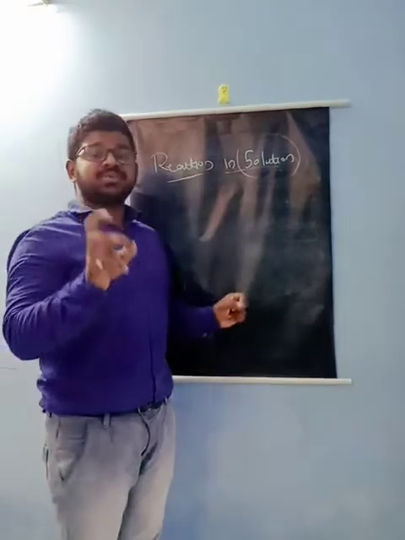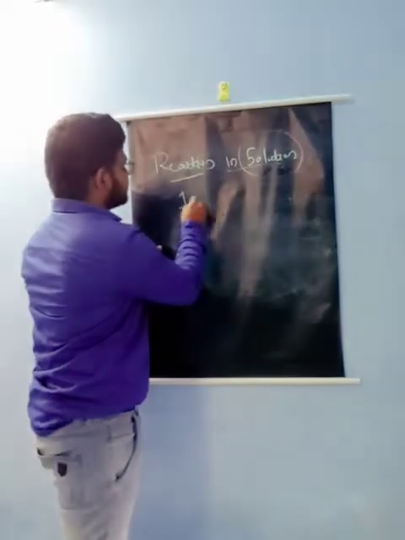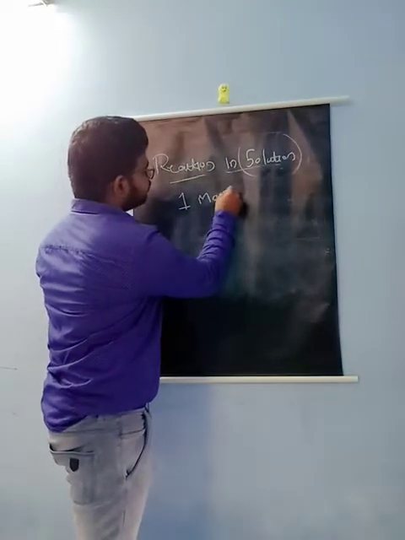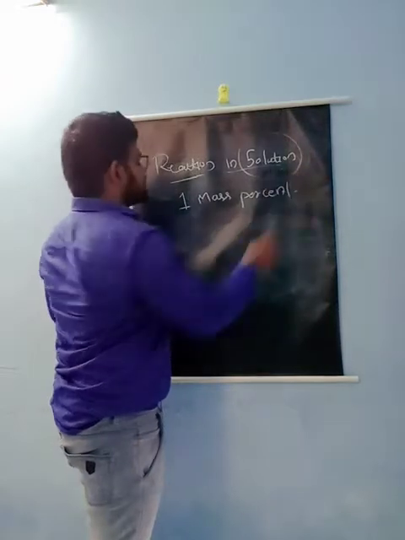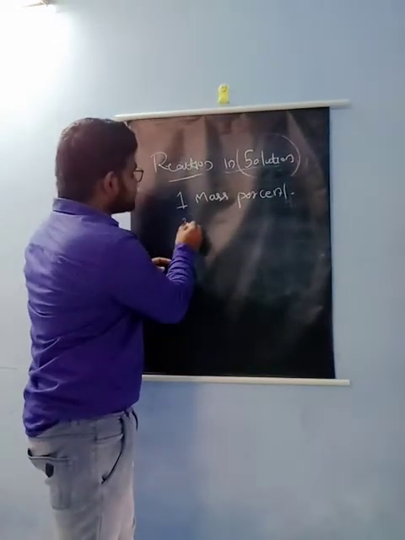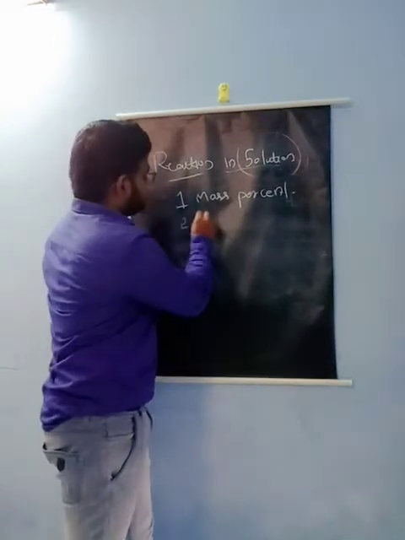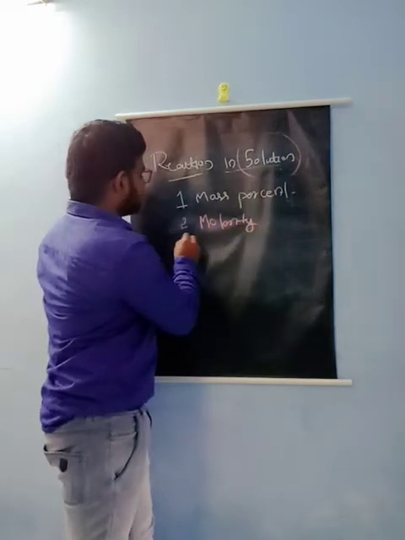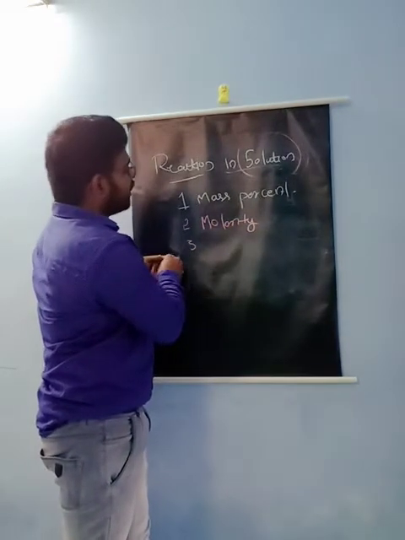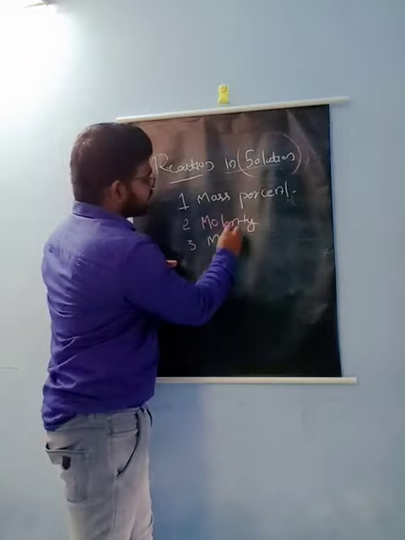So the first one is mass percentage. Mass percent. And the second one is molarity. And the third one is molality.